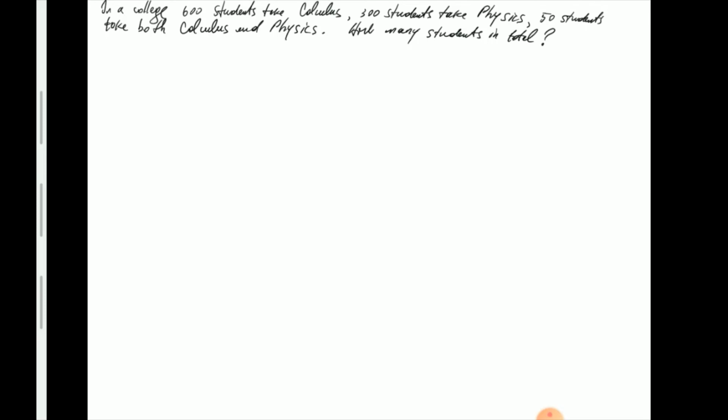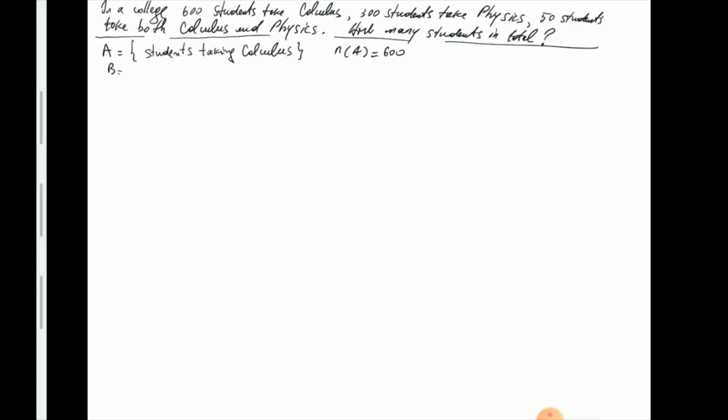Again, it's important to understand that the first thing to do is to establish the sets and what they mean. So you say, okay, the problem says I have a bunch of students taking calculus. So I'm going to denote by A the set made of the students taking calculus. And the problem says that the number of elements in A is 600.